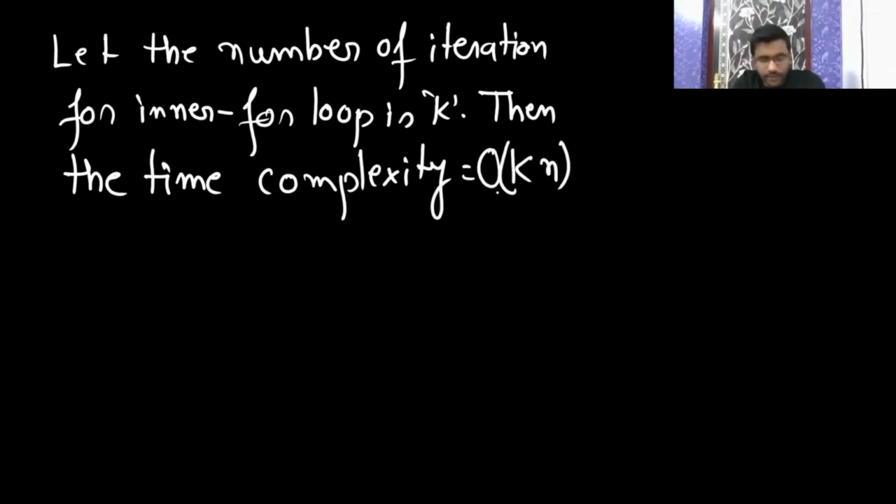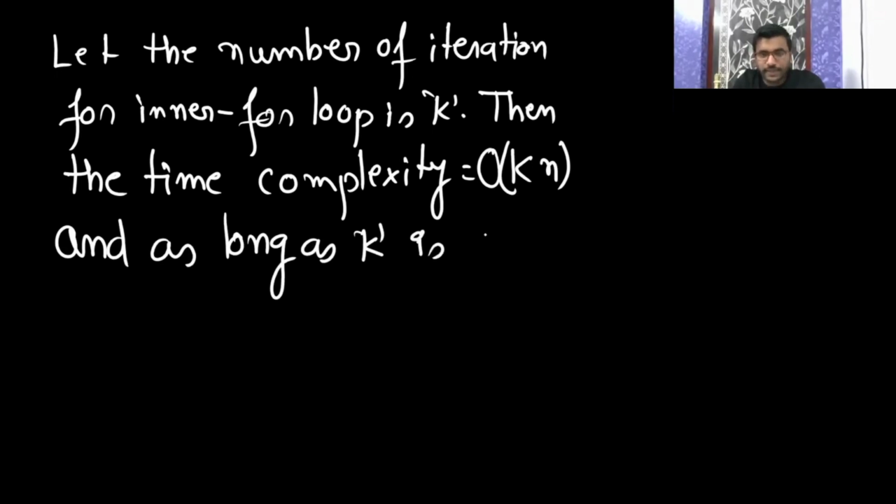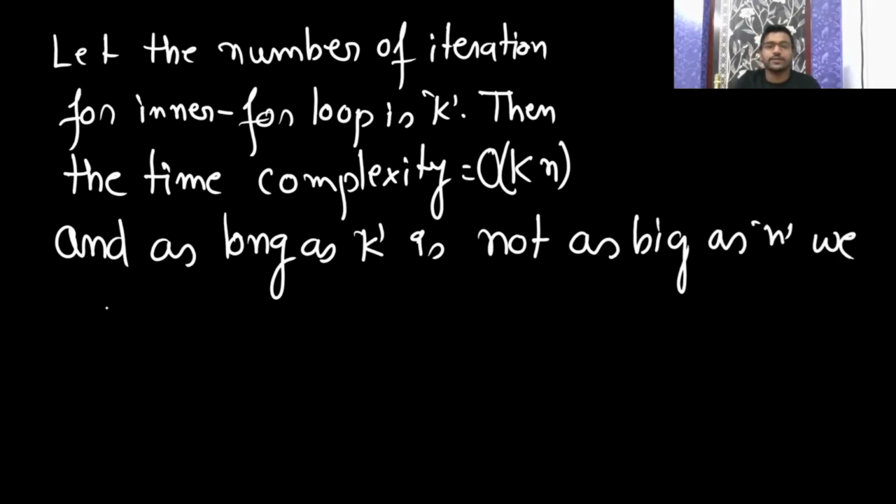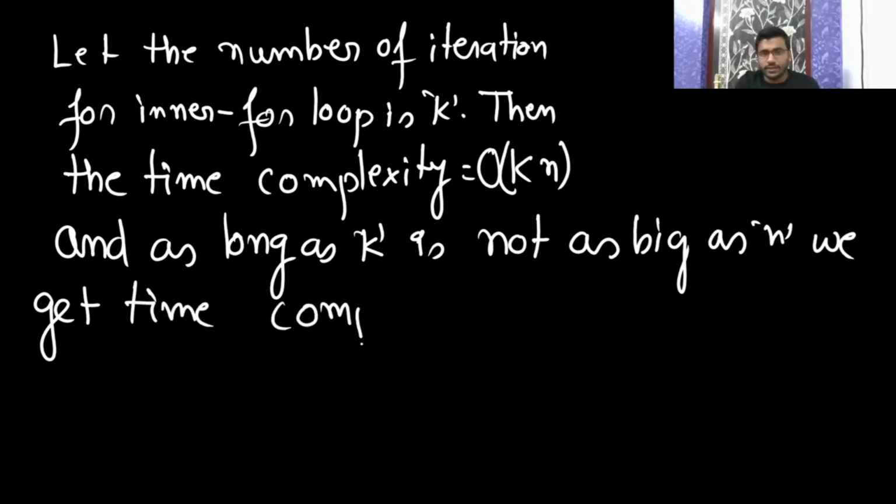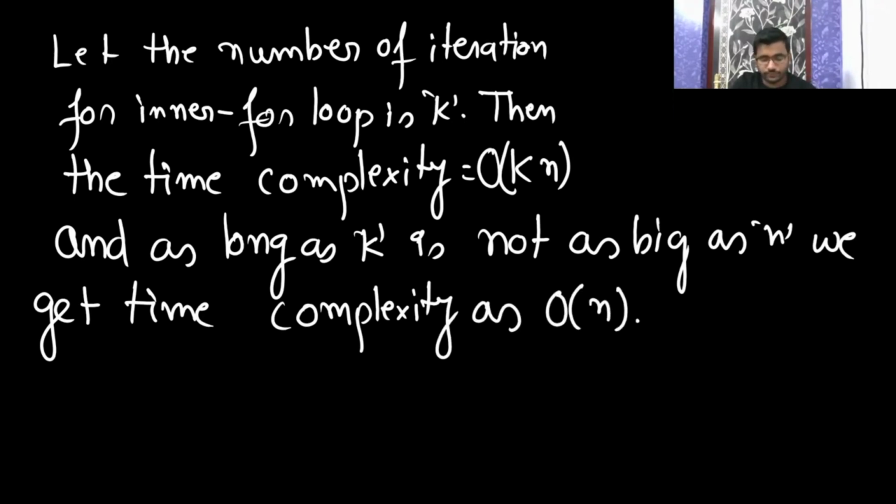How many times you are running the inner loop is going to give a time complexity of kn, and as long as k is not as big as n, we get time complexity as big O of n.